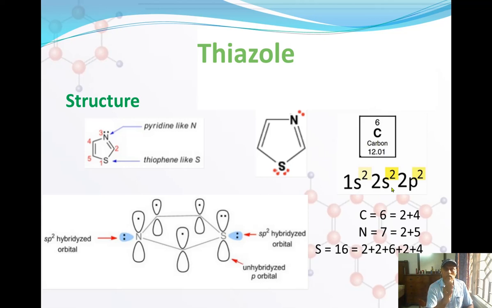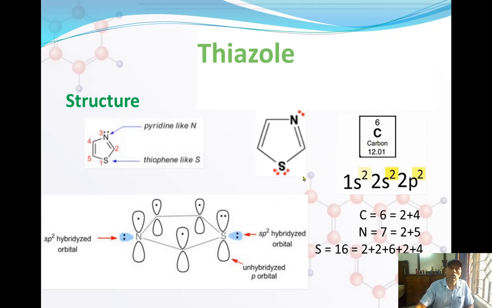Each one of these sp2 hybridized orbitals will get one electron. One more electron remaining will go into the unhybridized 2pz orbital. So the four electrons got distributed.